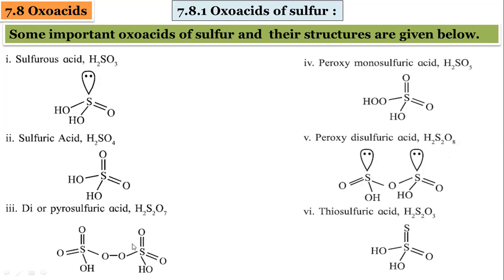Actually this is the structure of peroxy disulfuric acid and this is the structure of pyrosulfuric acid, because there are 7 oxygens. 1, 2, 3, 4. 1, 2, 3, 4, 5.